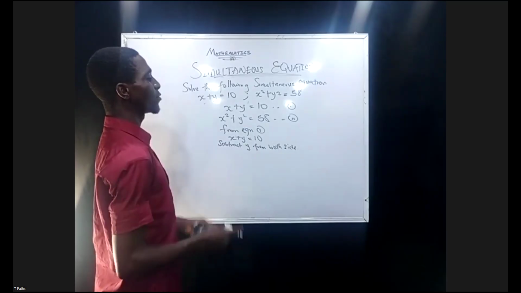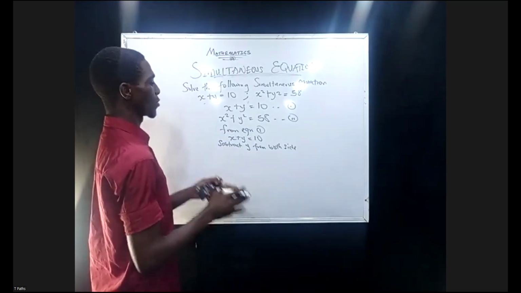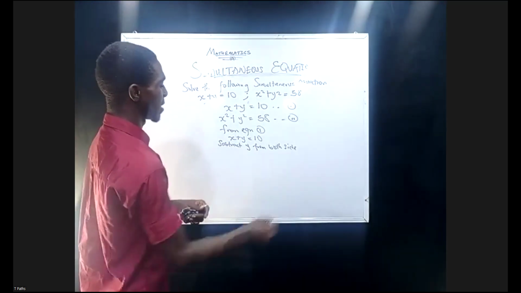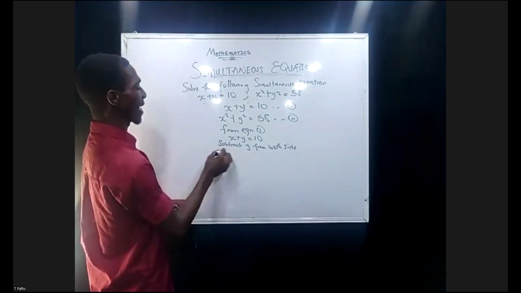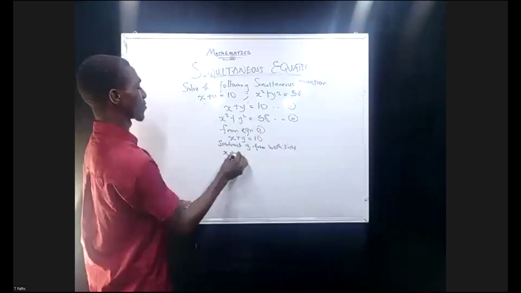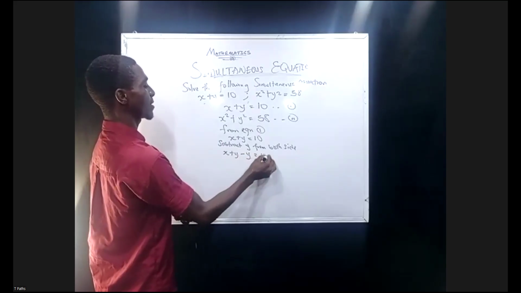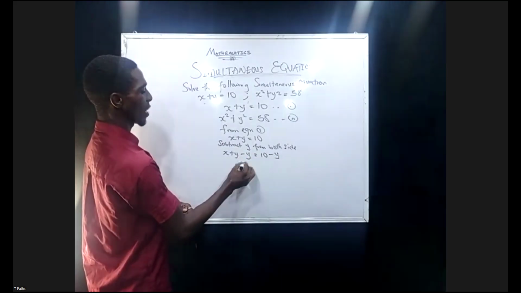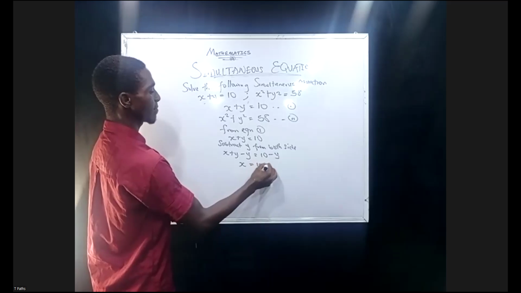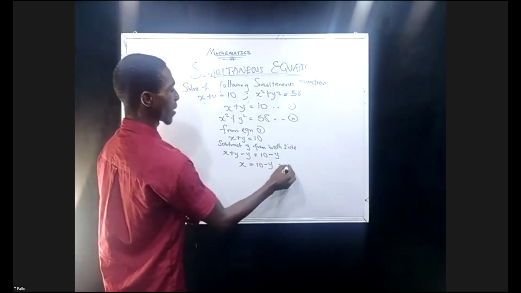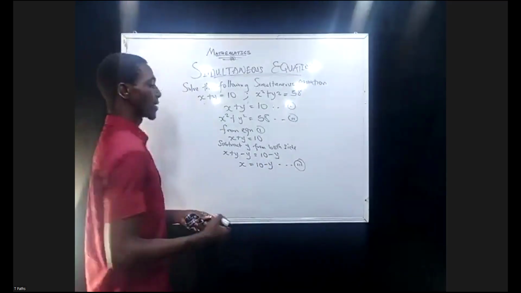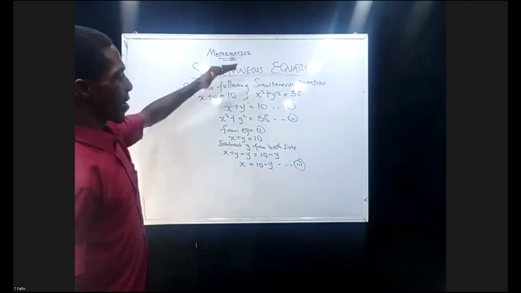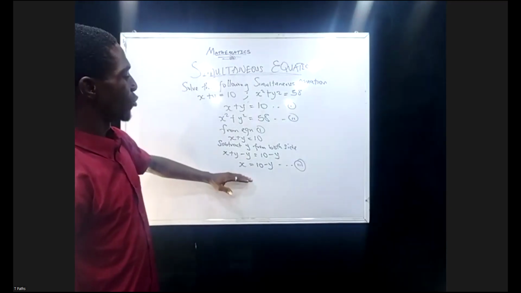It is advisable you take it step by step this way, so you won't make a mistake while solving. Subtract y from both sides. This implies x plus y minus y equals 10 minus y. Then here, when we subtract y from both sides, we are left with x equals 10 minus y. So I can call this one my equation 3. Having solved up to this point, you should know what?